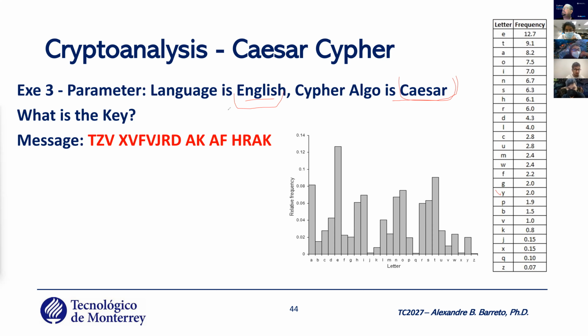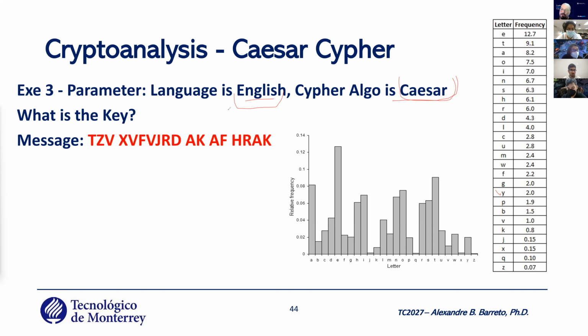Remember, the Caesar cipher doesn't use any math operation. It uses only permutation and transposition of the alphabet. Create a new alphabet and don't use math operations.